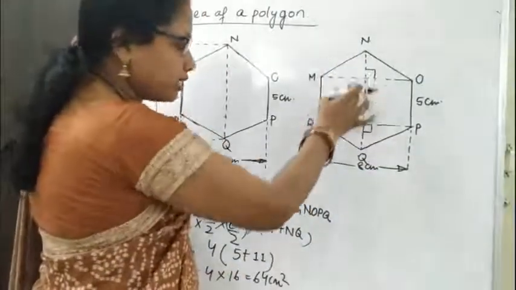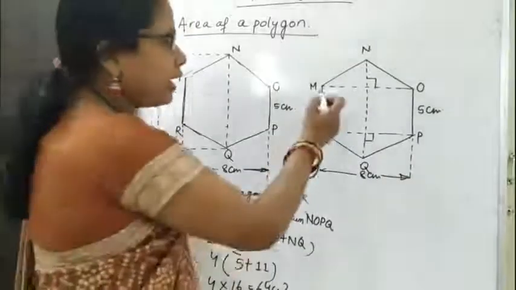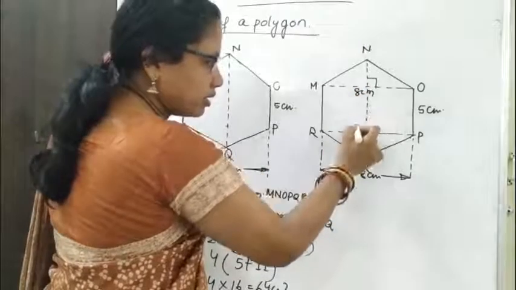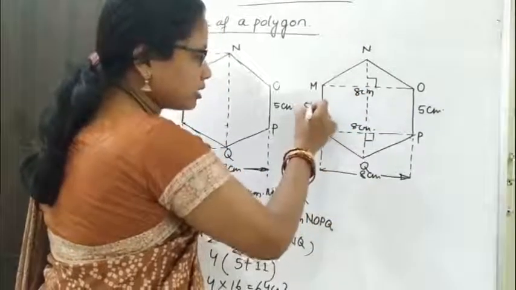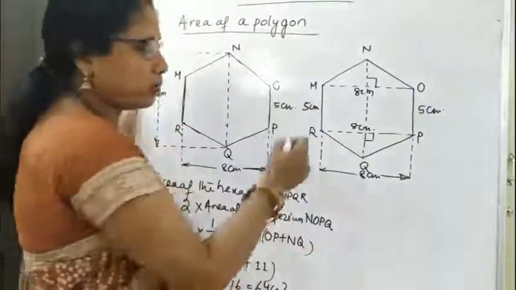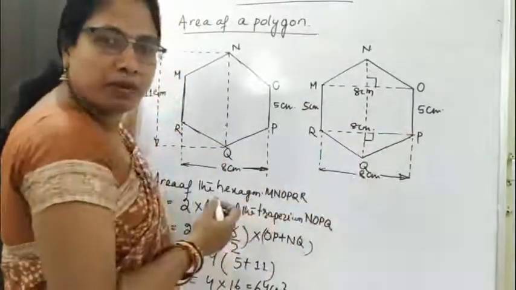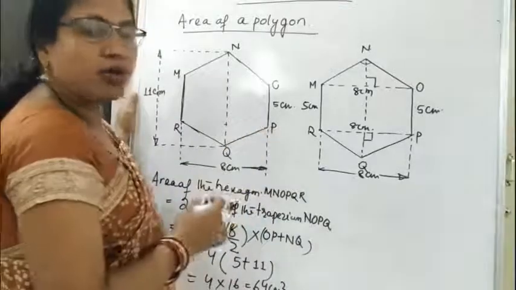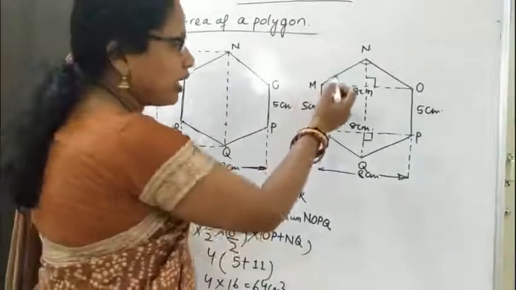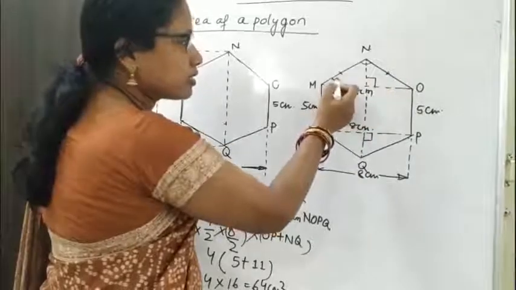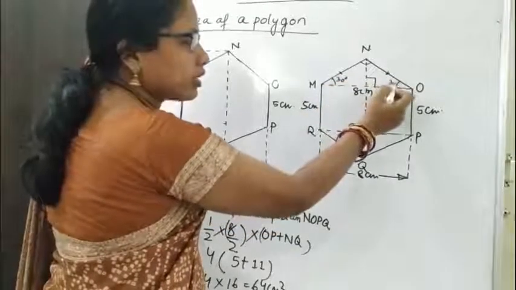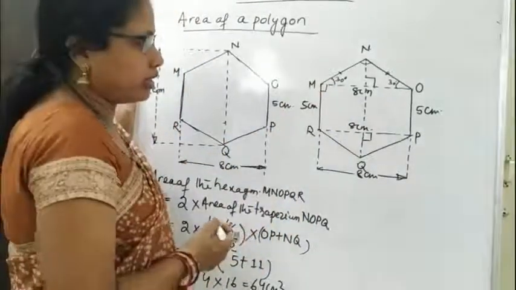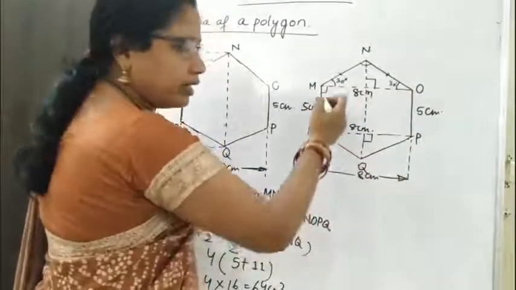This is a rectangle because opposite sides are equal, 8 cm and 5 cm. Each angle of a regular hexagon is 120 degrees, and the two equal sides give 30 degrees each, so the remaining angle is 90 degrees. So we can prove that MOPR is a rectangle.